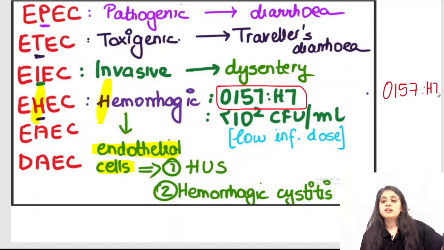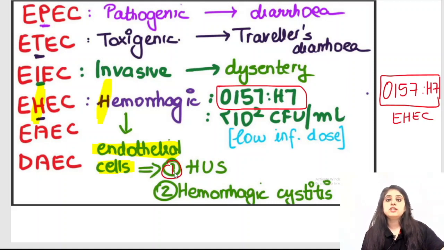This strain has been asked a lot, the strain of EHEC that is responsible for all the hemorrhagic things, like H for HUS, hemolytic uremic syndrome. So the word hemolytic has come. And the second one, hemorrhagic cystitis. So remember, enterohemorrhagic E. coli is responsible for hemolytic uremic syndrome and hemorrhagic cystitis.